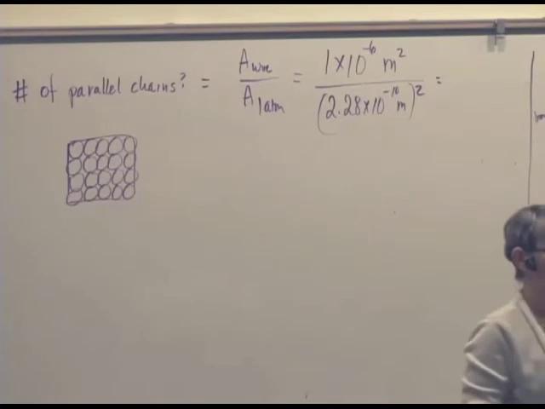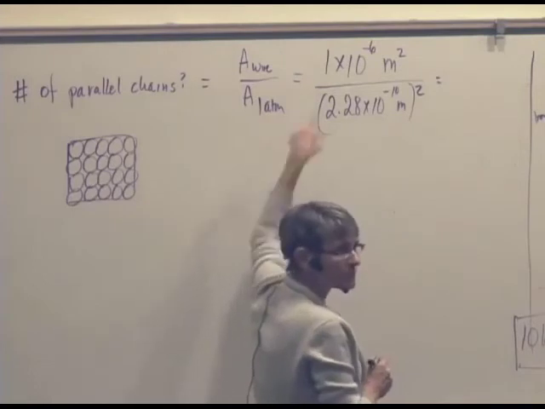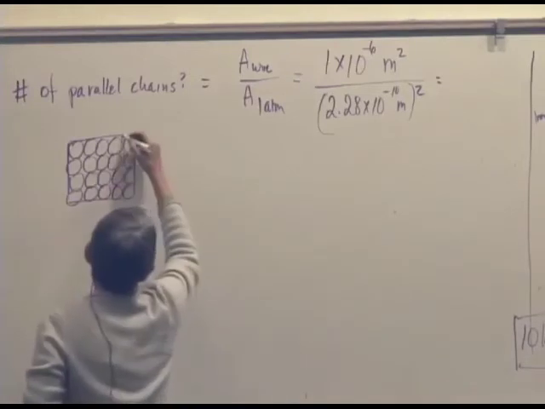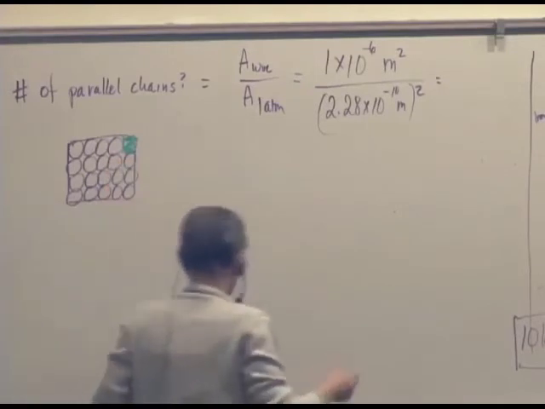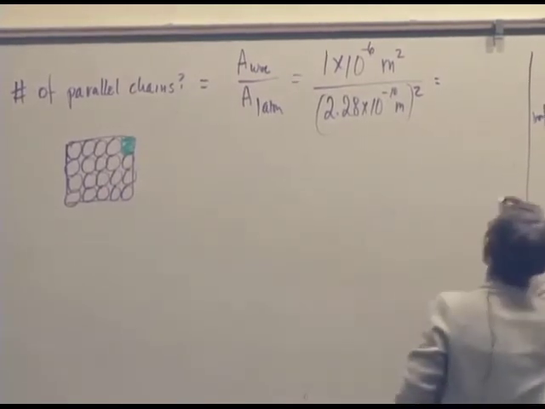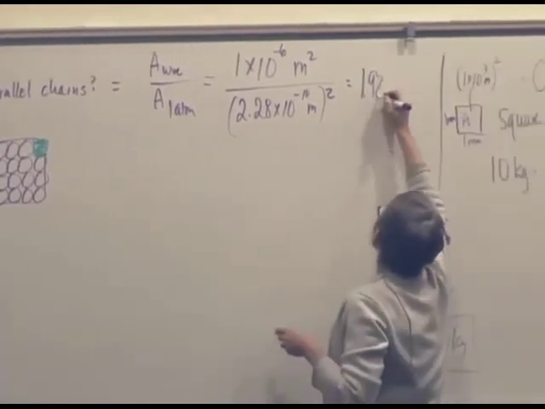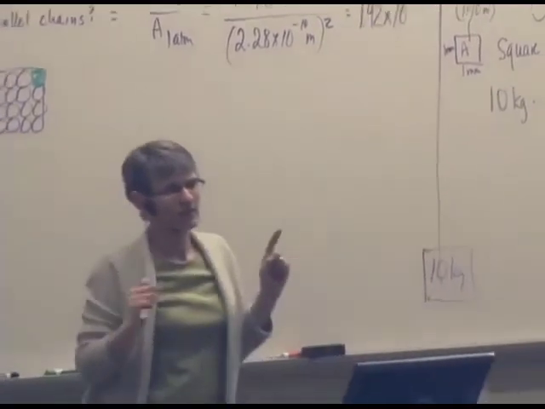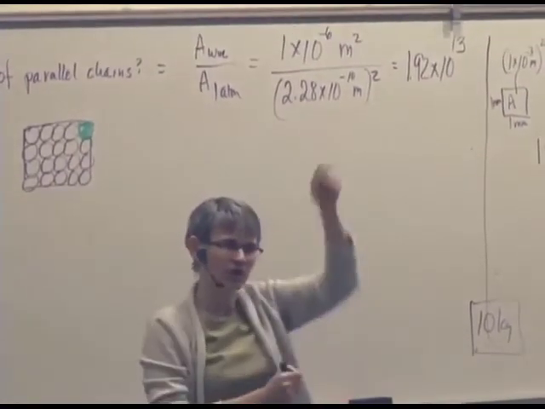Cross-sectional area of one atom. And so that comes out to kind of a big number. It's 1.92 times 10 to the 13th. So that's the number of parallel chains we've got. So the whole wire is 1.92 times 10 to the 13th times stiffer than one chain would be.